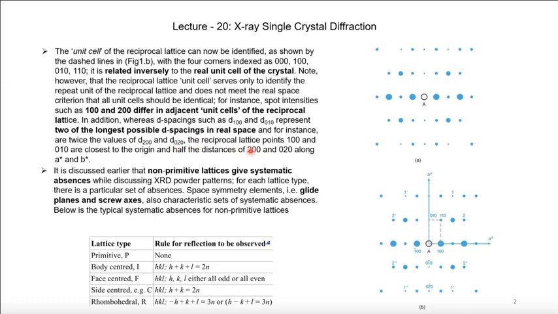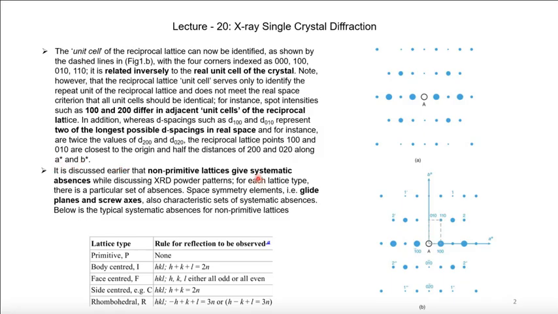In the reciprocal lattice, the points 100 and 010 are the closest to the origin, and they have half the distance of 200 and 020 along the A star and B star.